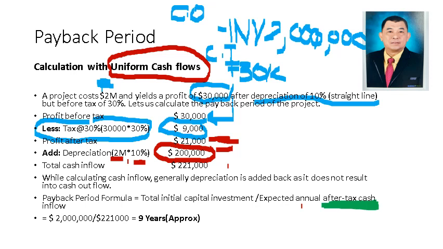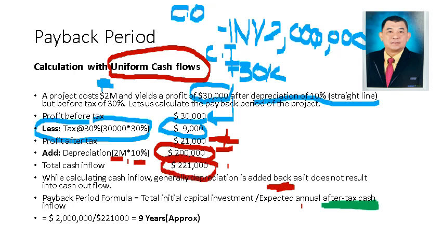Okay? Because 200 plus 21 gives you your total cash inflow, because you have to add back. All right. So therefore, you have a total cash inflow of 221.